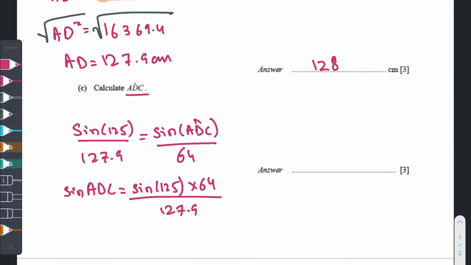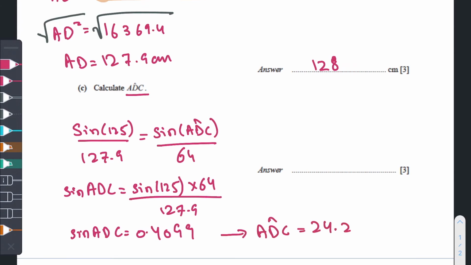So let's see what we get when you plug all of this into the calculator. Sine ADC comes out to be 0.4099. When you apply the inverse of the sine, the angle ADC comes out to be 24.2 degrees. So you write your answer over here, 24.2 degrees.